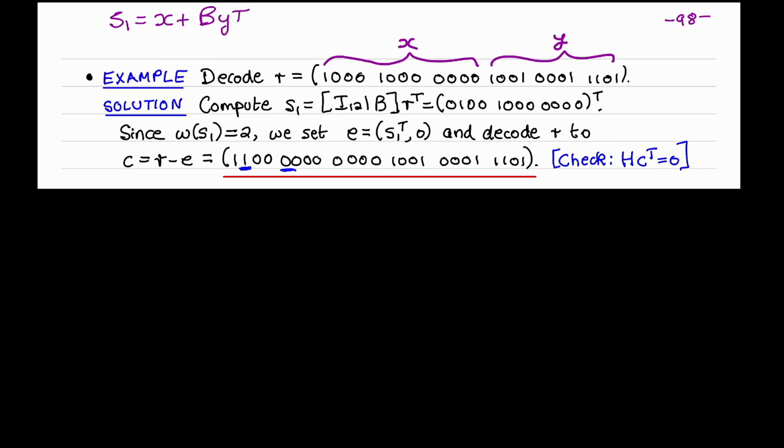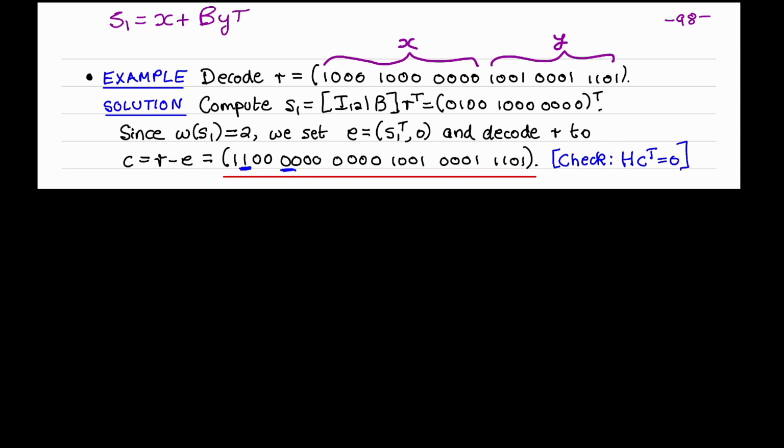When we compute B times Y transpose, where this is the vector Y, then these bits of Y that are 1 pick out the corresponding columns or rows of B. Recall that B is symmetric. So B times Y transpose is the first plus 4th plus 8th plus 9th plus 10th plus 12th rows of B. I've written the matrix B on slide 99 for easy reference.